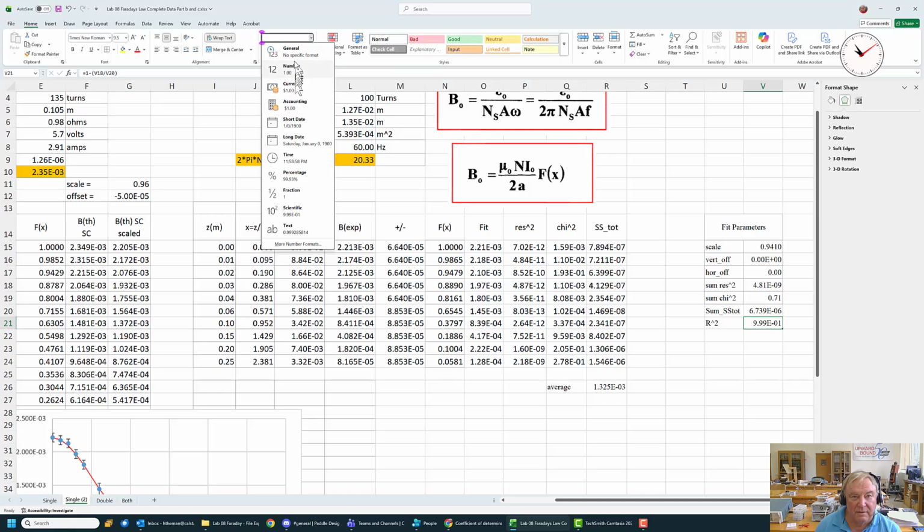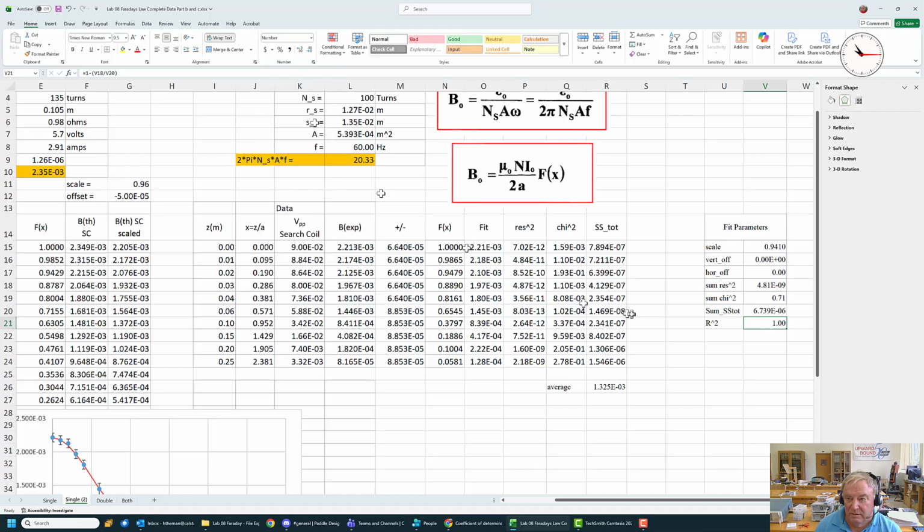I don't want general, I want a number. Wow. Well, we need 4 decimal places. There we go. It's always quoted as 4 decimal places. So that's a ridiculously good fit.